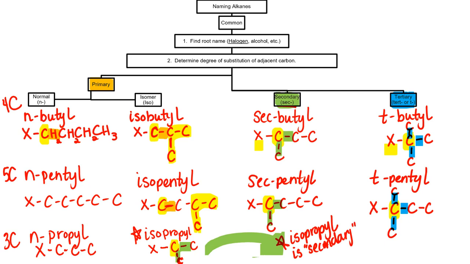Well, look out for accidentally naming a molecule sec-propyl because there's no such thing as sec-propyl. That does not exist. So now you can apply the common naming roots to different problems.